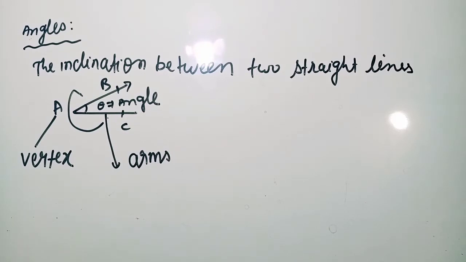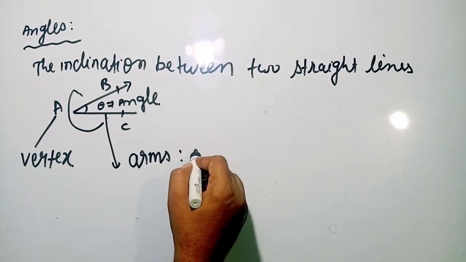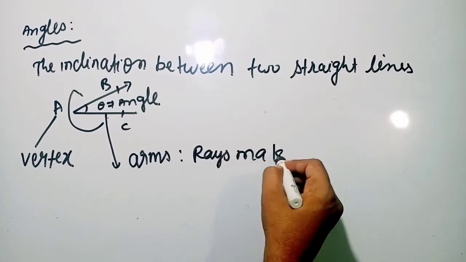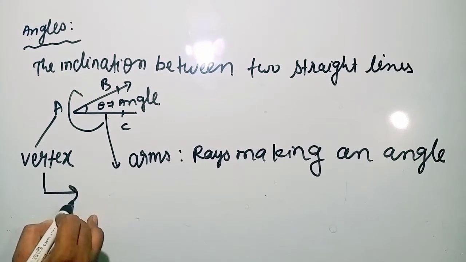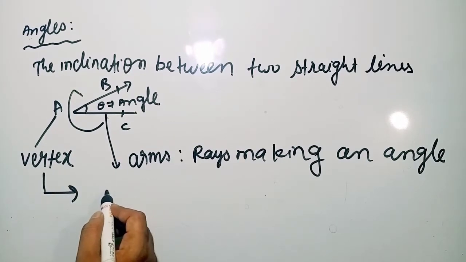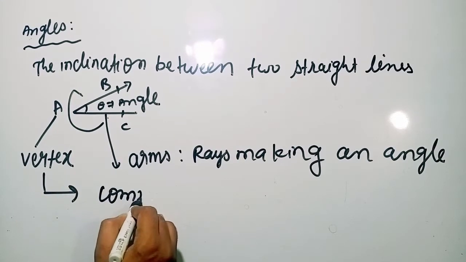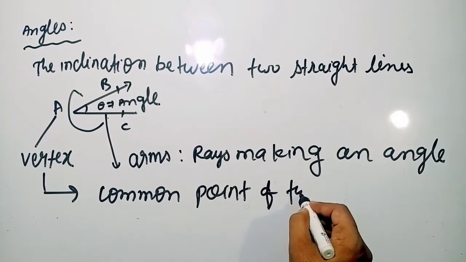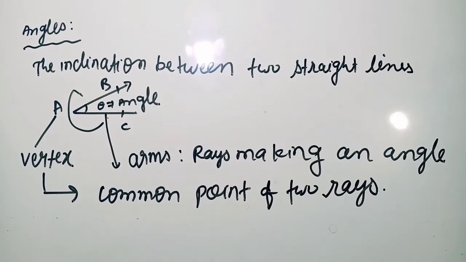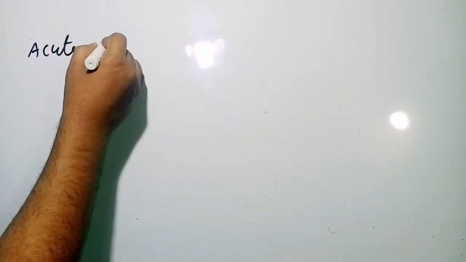Rays making an angle are known as arms, and the vertex is the common point of two rays which do not lie on the straight line.